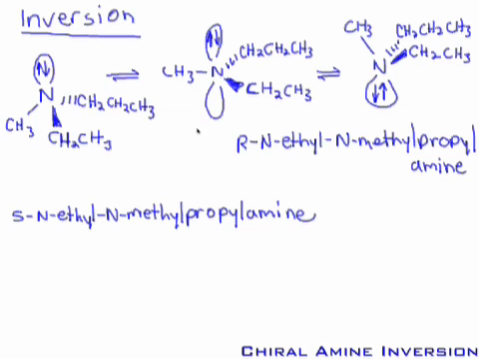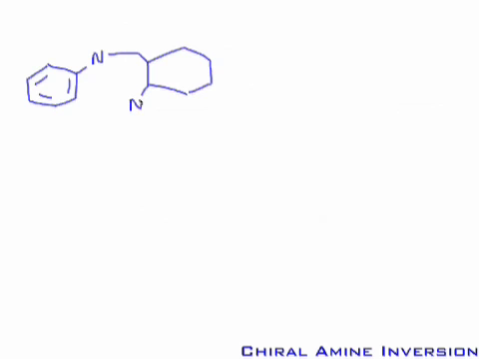Two examples of molecules where such inversion can be prohibited are Troger's base. So there's a carbon there and a carbon here.